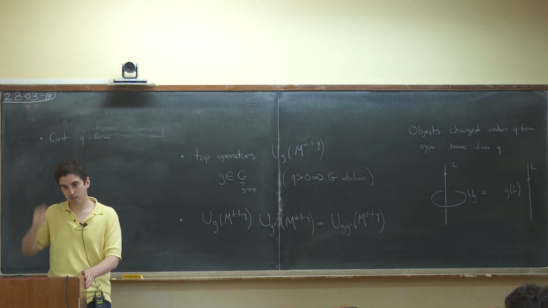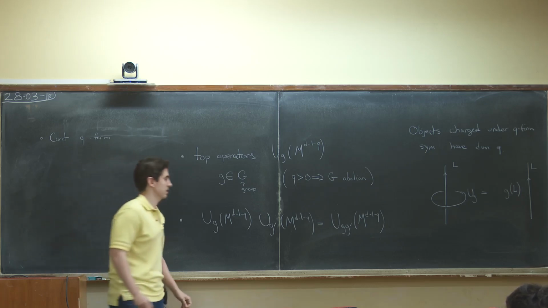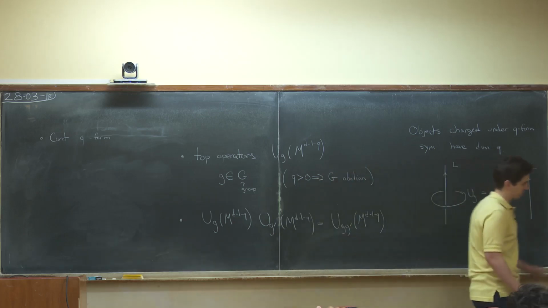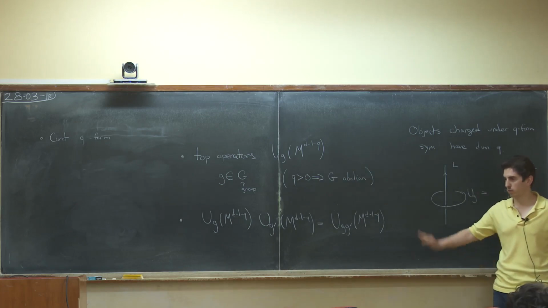Wait, if you had a theory in D dimensions on S^D, that's a state operator map. But let's not discuss states on a particular manifold. Let's look locally, in flat space.